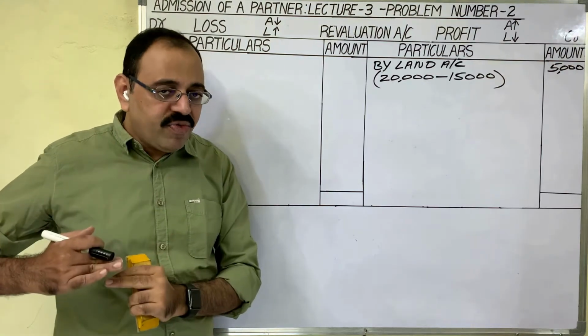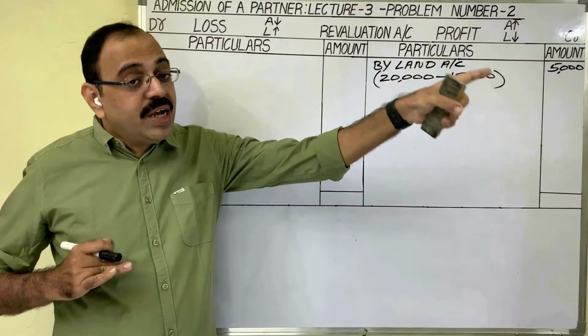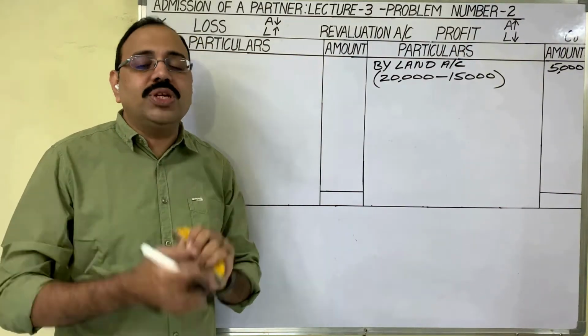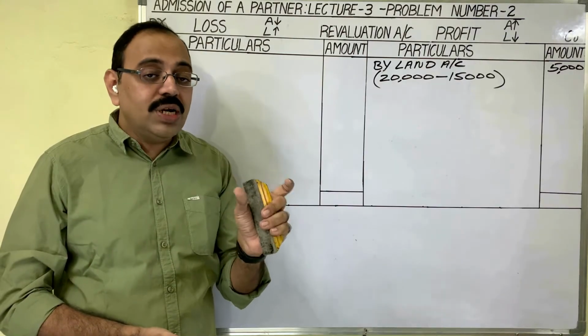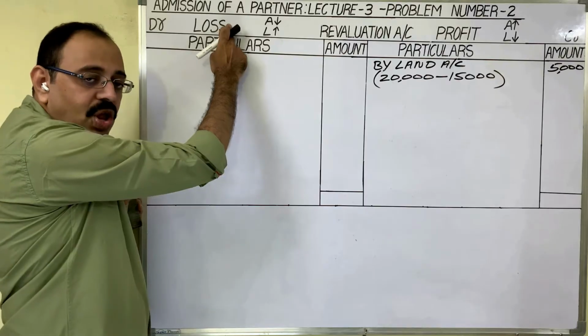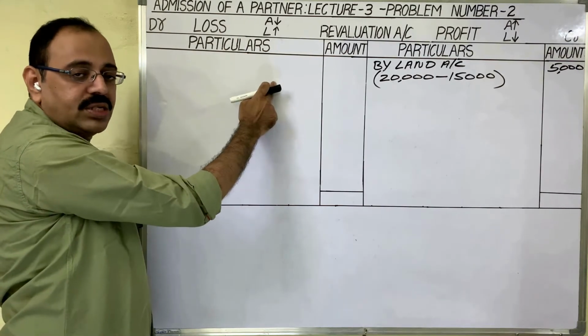So asset value is 25,000 as per books, but market value is 23,000 rupees. So machinery is reduced by 2,000 rupees. This 2,000 is a loss to us. When asset value decreases, it is a loss. Machinery is an asset. Therefore, on the debit side we have to show this.